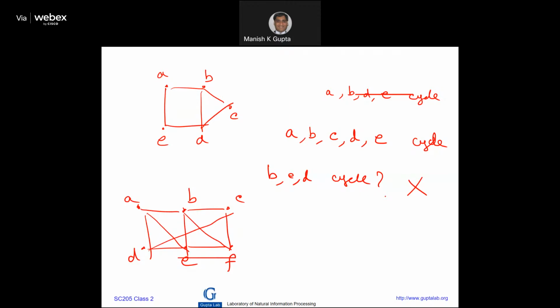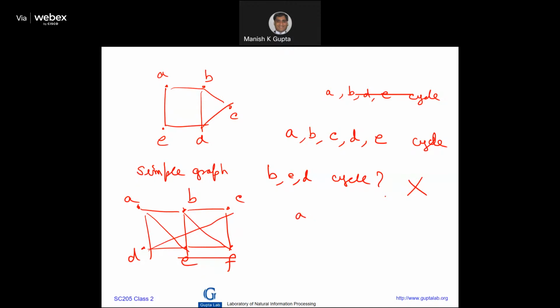This is not there, I think that's the problem. So now I need to find some cycles, or paths basically. By the way, both of these graphs are simple graphs, right? There is no loop or multi-edge.